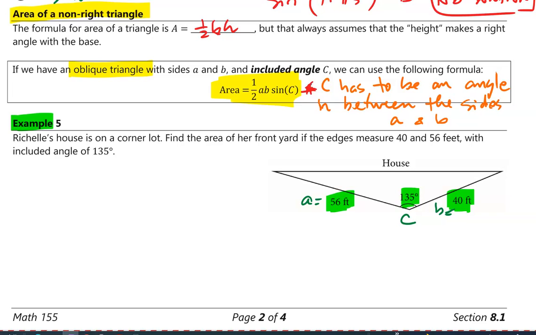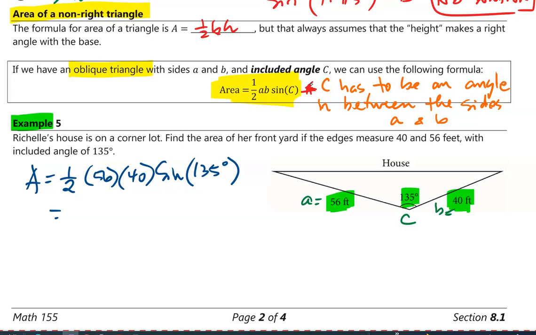So let's use the area formula. So area A is equal to 1/2. A is 56 times 40 times sine of angle C, which is 135 degrees. 1/2 of 40, that's easier, is 20 times 56 times sine of 135 degrees.